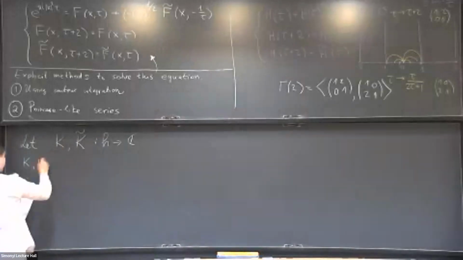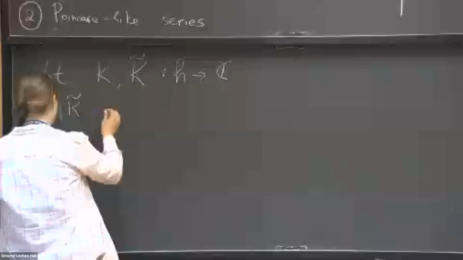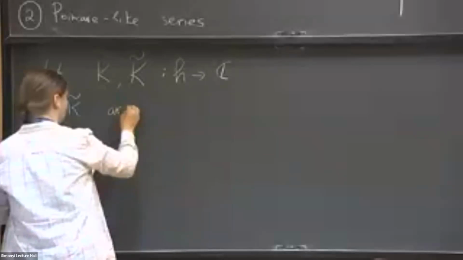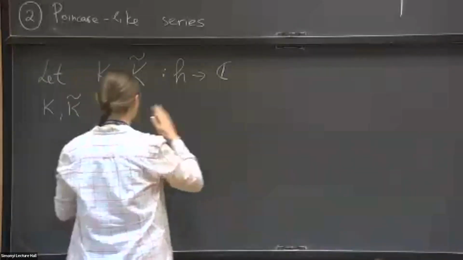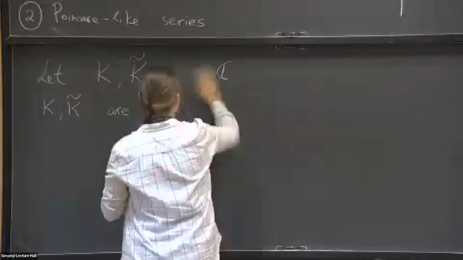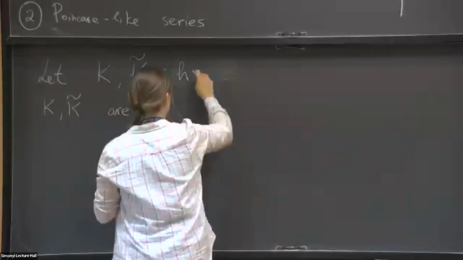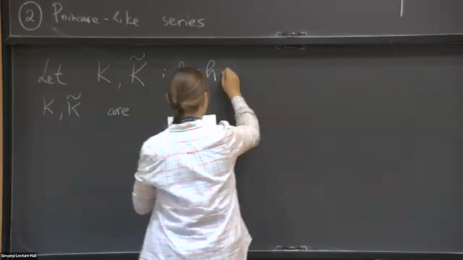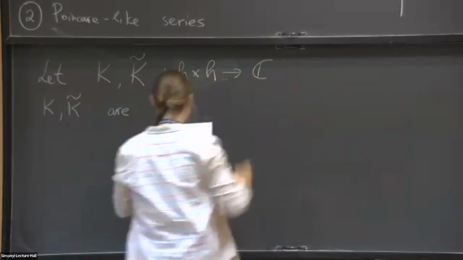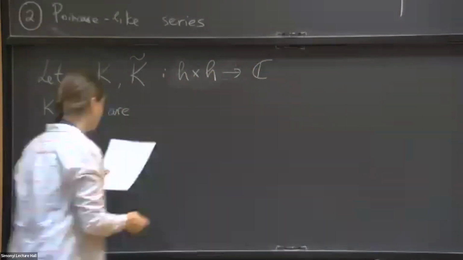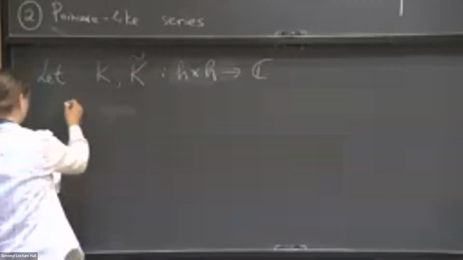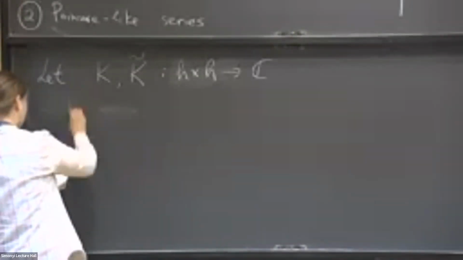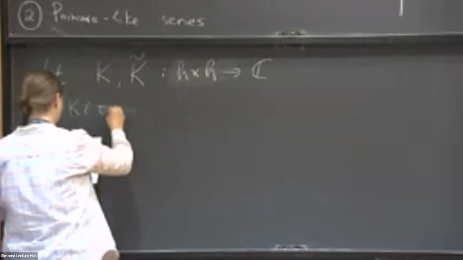K and K tilde are meromorphic functions of two variables, the variable tau and the variable z.